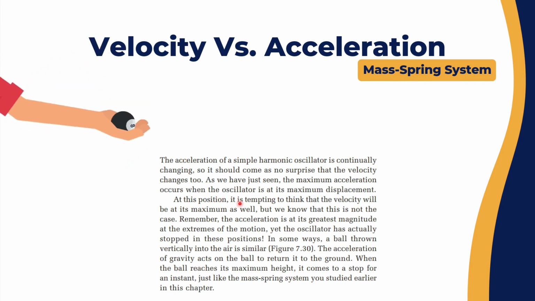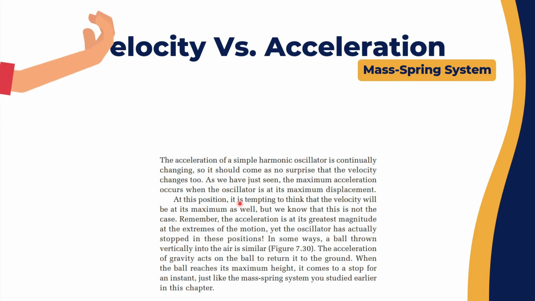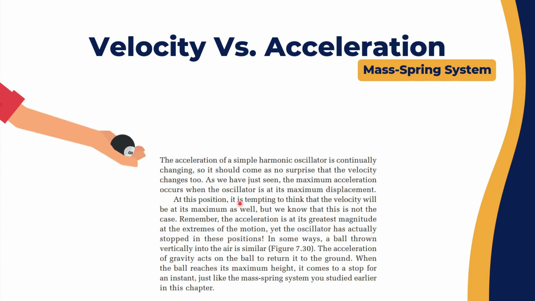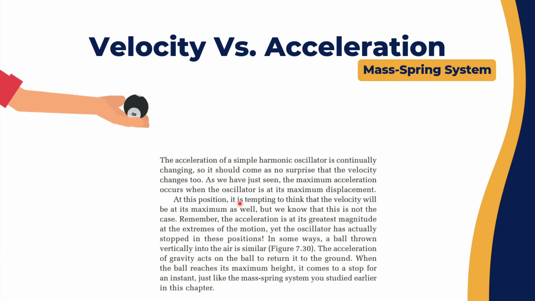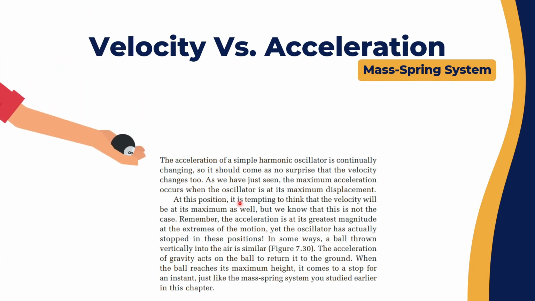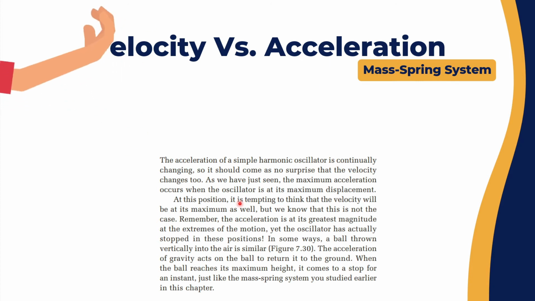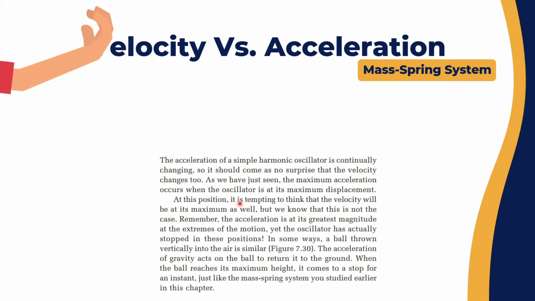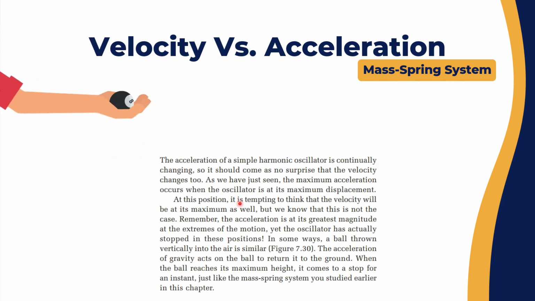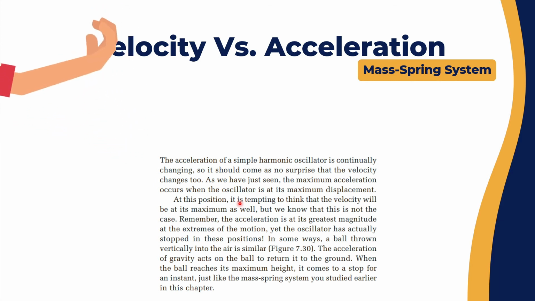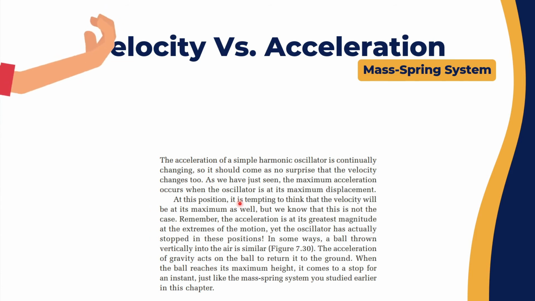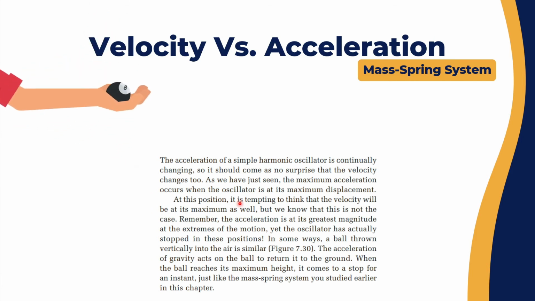We might think that at the maximum displacement the velocity will be at its max as well, similar to the acceleration, but in reality the acceleration has its greatest magnitude at the extreme of motion, while the oscillator has stopped for a moment in this position, which means the velocity at that moment is 0.